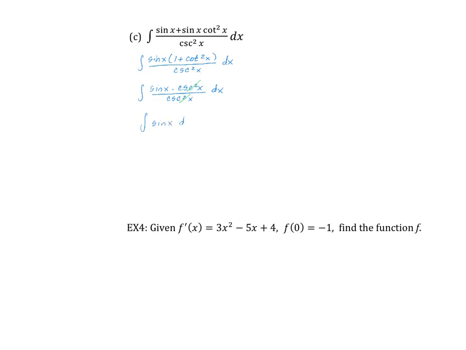The integral of sine of x is negative cosine of x plus that constant. If you're not sure if you have the answer correct, remember all you have to do is take the derivative of negative cosine of x plus the constant and you should get sine of x, which you do.